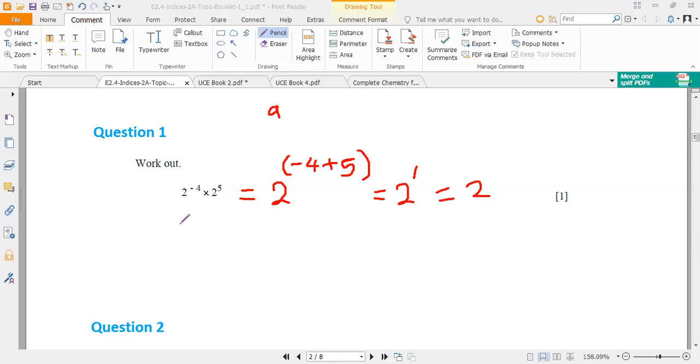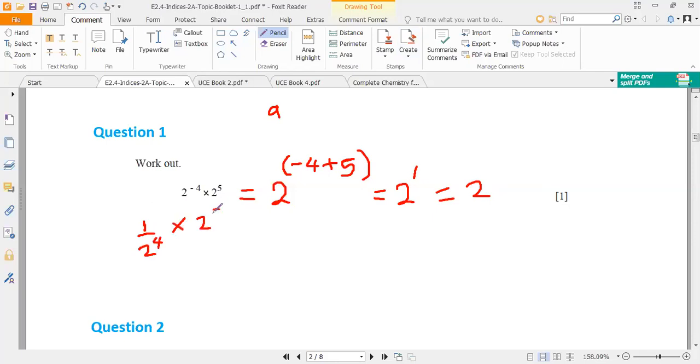If you want to do it the other way around, of course, 2 power negative 4 means 1 out of 2 power 4 multiplied by 2 power 5.